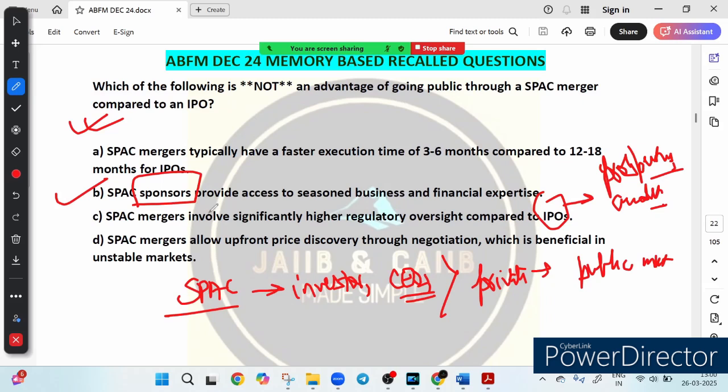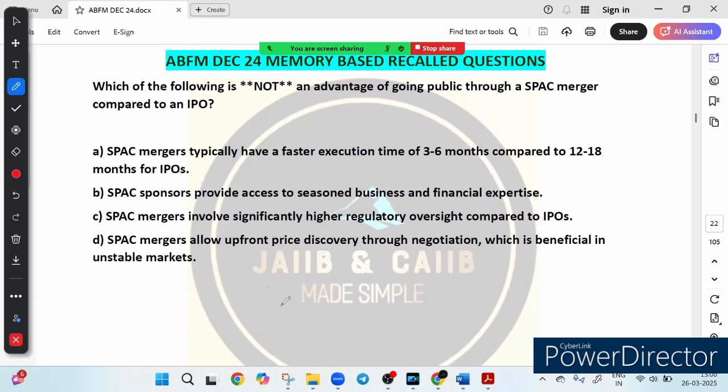Option D: a SPAC merger allows upfront price discovery through negotiation, which is beneficial in an unstable market. So friends, try to understand, I'm explaining each and every option. In an IPO, the share price is determined at the last minute, based on demand. In a SPAC merger, the price is negotiated upfront.